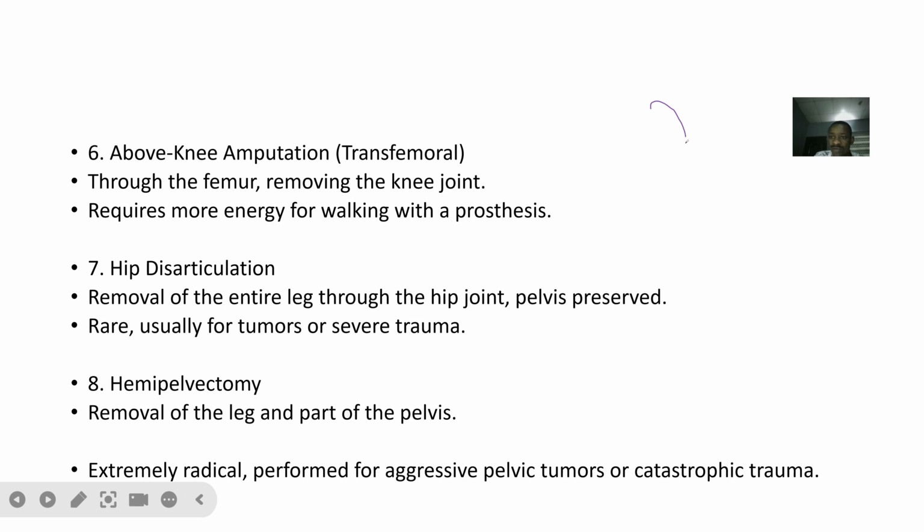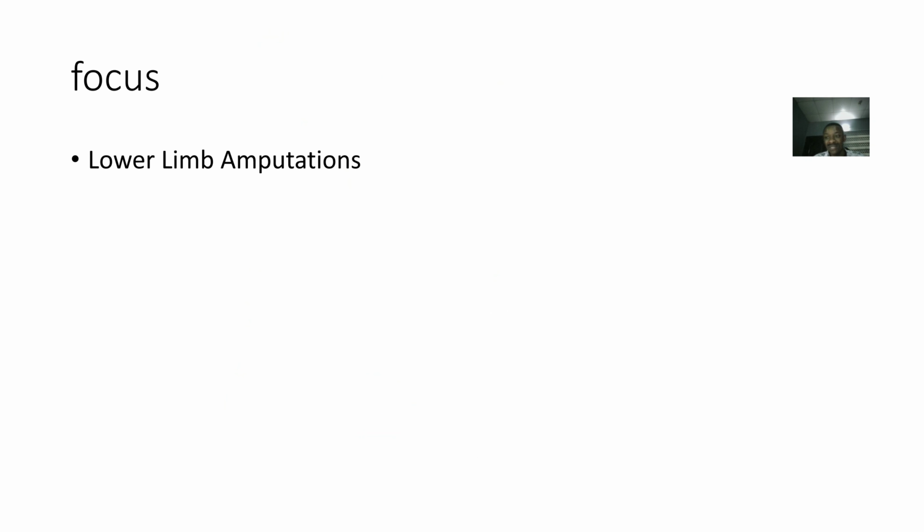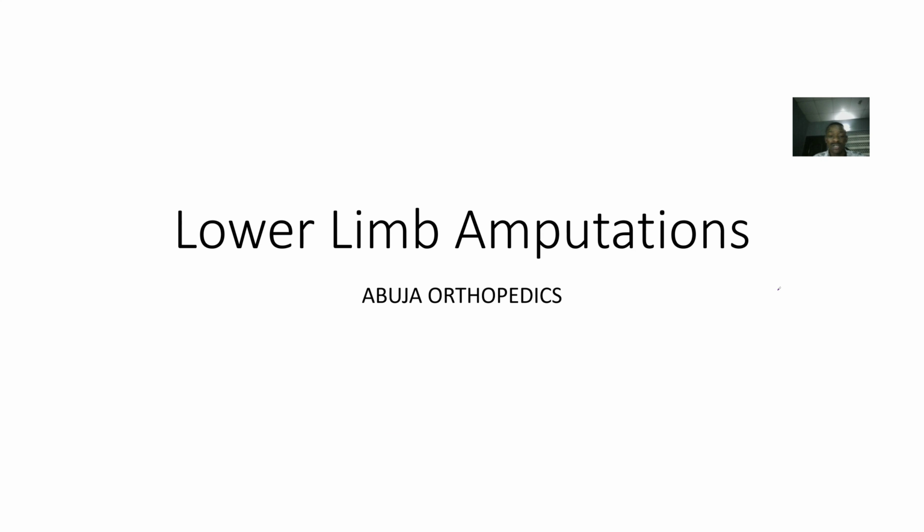So you have your pelvis here, you have your leg down, this is the hip joint. They are now removing all the leg, plus some of the hip. Most of the time it's due to cancers, or probably accidents, injuries that damage that area too much. Okay, so that's what we have for the lower limb amputations.